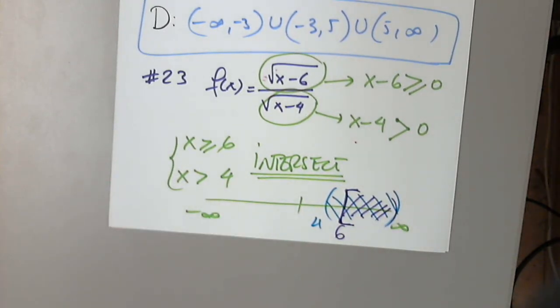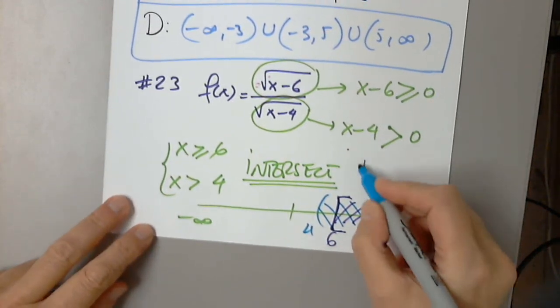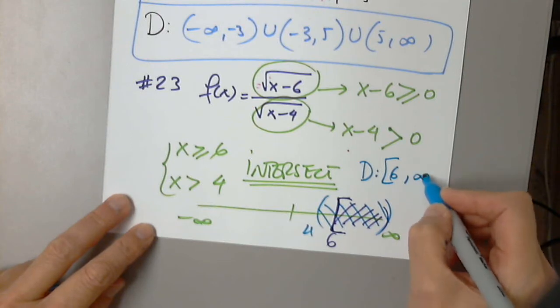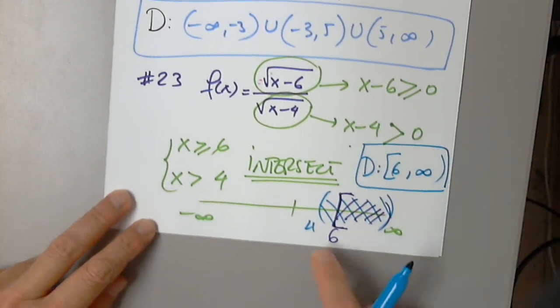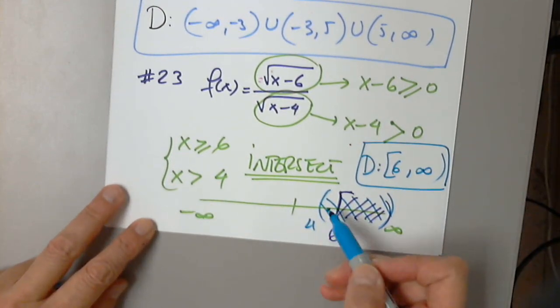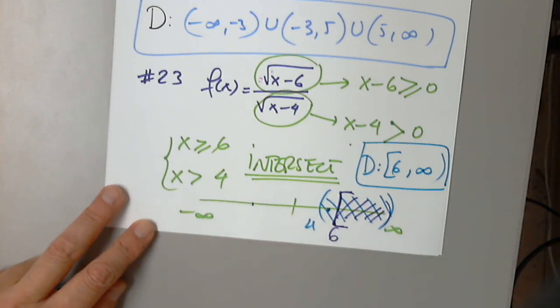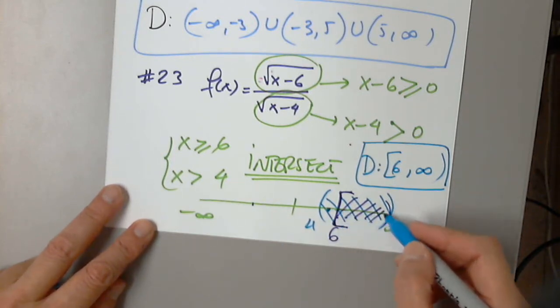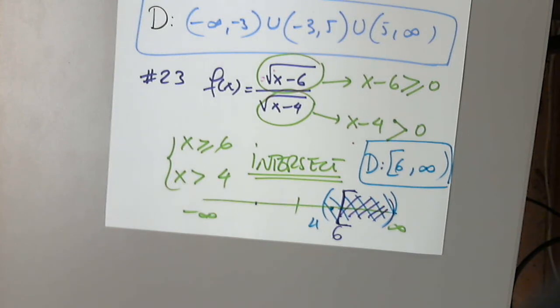And I need to choose that portion of the real line that has both colors in it. In other words, both conditions are fulfilled. So the domain of this function is 6 to infinity. Because if I choose here, only one of them will exist. If I choose here, none. I have to choose where both conditions are taken care of at the same time.